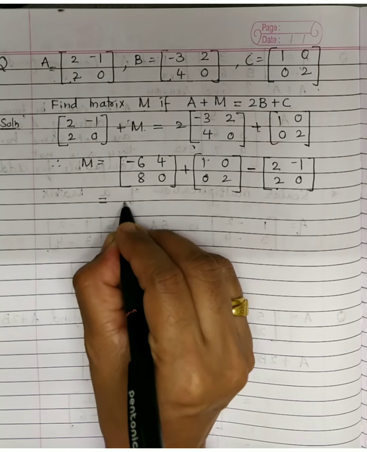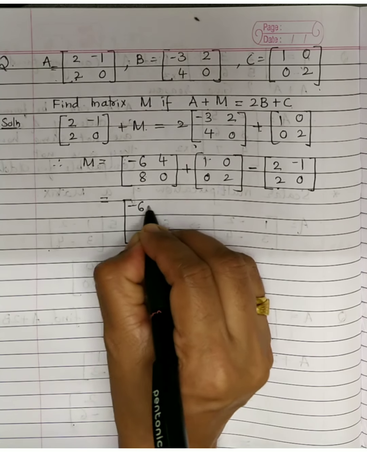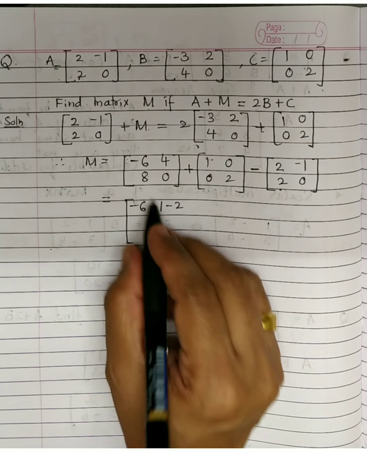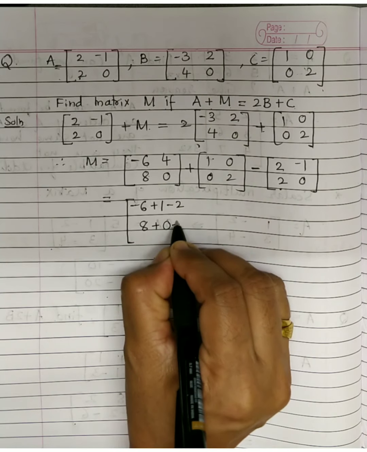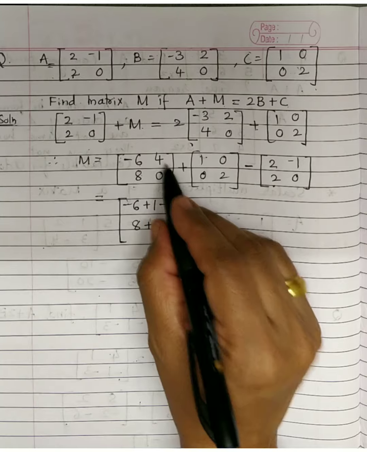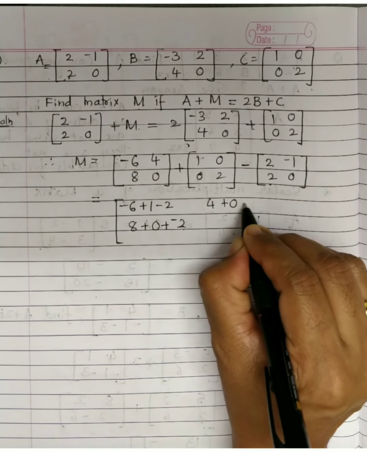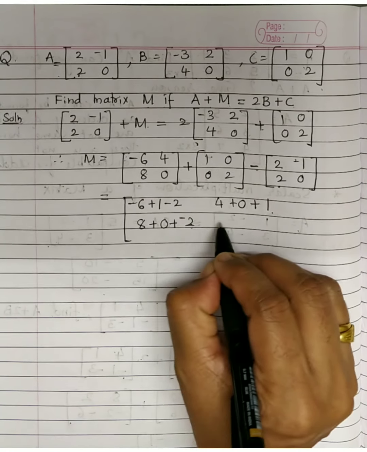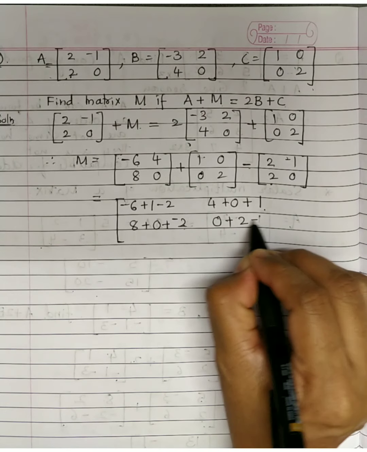Fine. Now we will work them all together. Minus 6 plus 1 minus 2, corresponding elements I am adding or subtracting. 8 plus 0 plus minus 2, right? Actually minus 2 it is. Then 4 plus 0 minus 1, what that will be? Plus 1. Next 0 plus 2 minus 0.